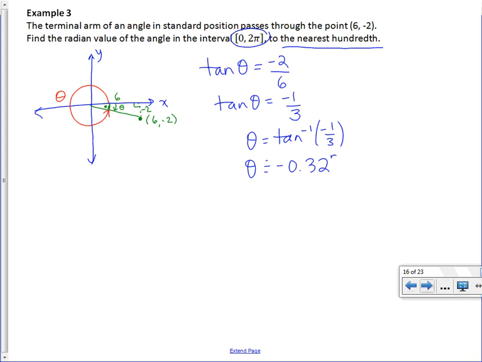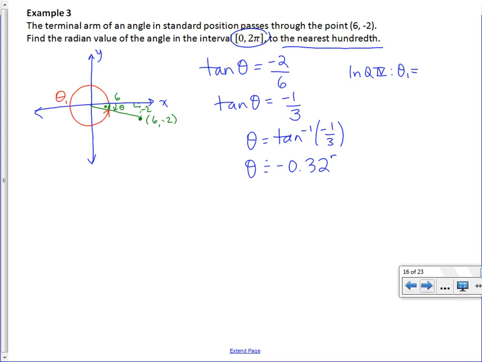This is what I want to see if you're doing this on a test or a quiz. So you write that, great. Now I want the angle in quadrant 4, the standard position angle. So I'm going to write in quadrant 4. How do I find the theta I want? Maybe I'll label it theta 1, just to be clearer that theta 1 and theta aren't the same.